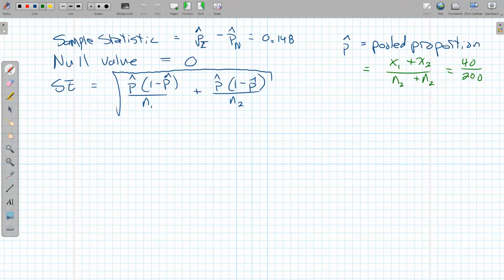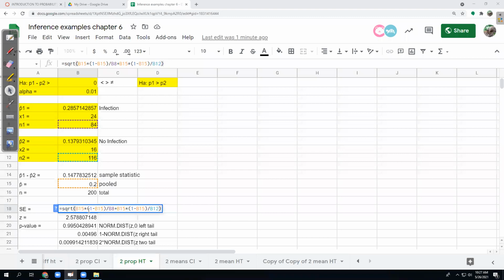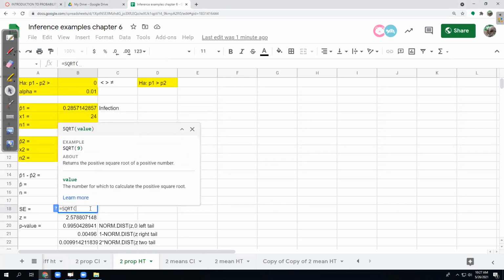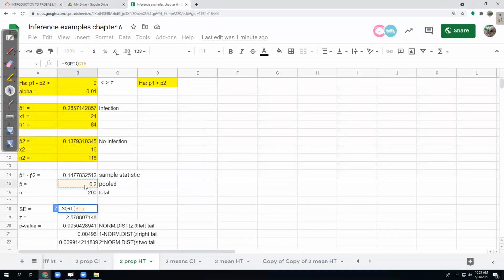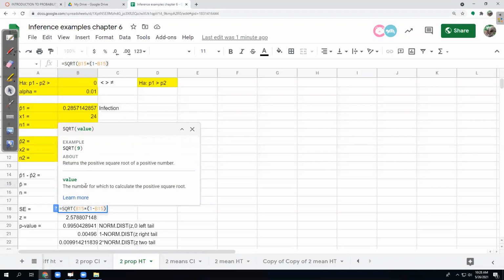Come over here, please. There you go. So I'm just gonna retype that for fun. So here it says it's about 0.057 for the standard error. And I'm just gonna delete it. So I want a square root, so I use the square root function. And then I just want to take my p hat here and multiply parentheses by 1 minus that p hat. And divide by the first sample size.